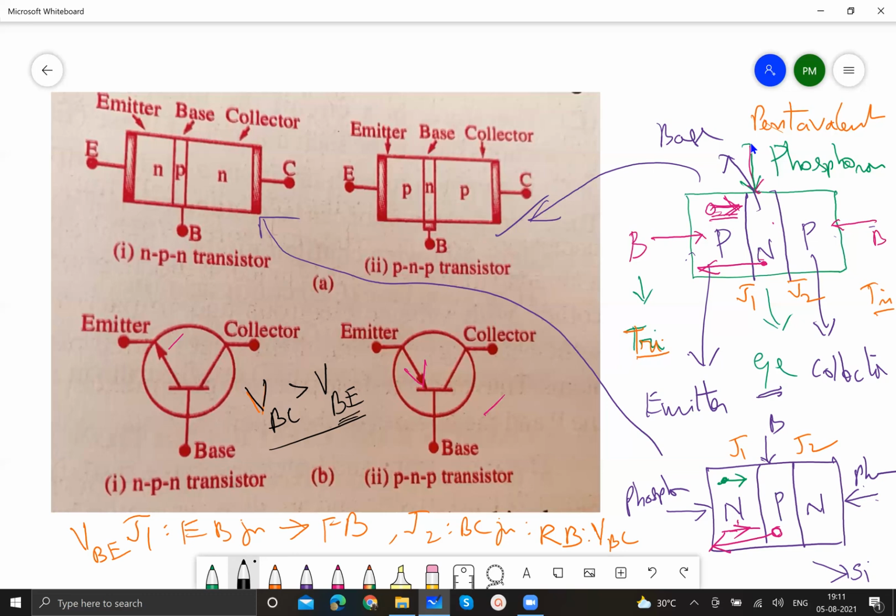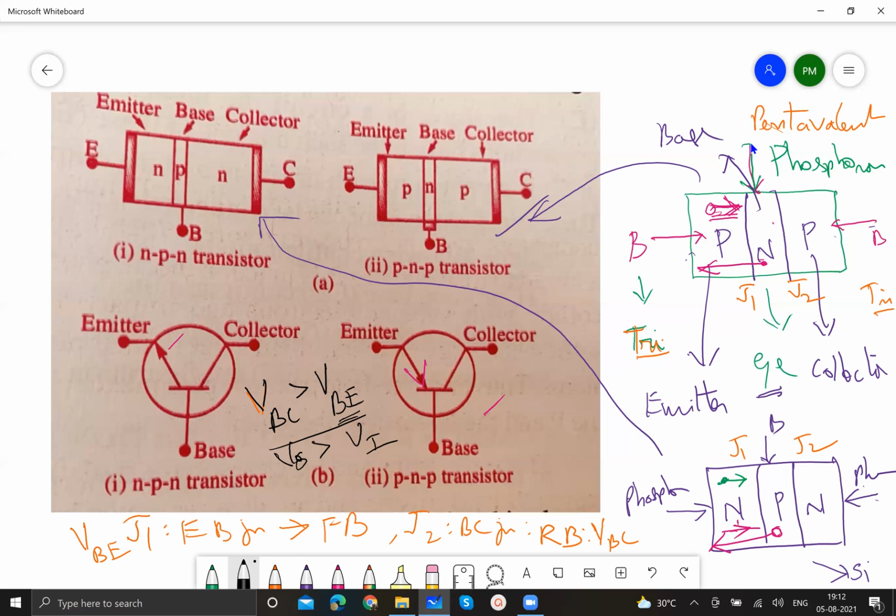There is a reason for that. The reason is all the charge carriers diffusing from the emitter through the base into the collector must be swept into the external circuit, so that whatever operations you are expecting from the transistor will be performed successfully. So for this, we ensure that the reverse biased base collector voltage will be higher than the forward biased base emitter voltage, or you can also say output voltage should be higher than the input voltage.